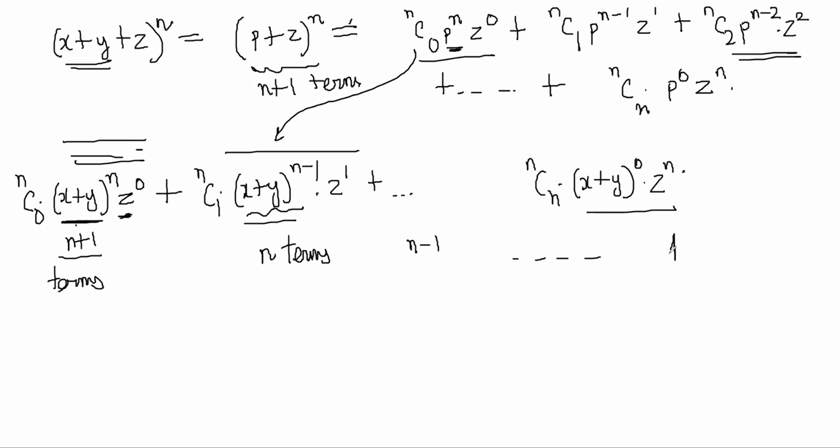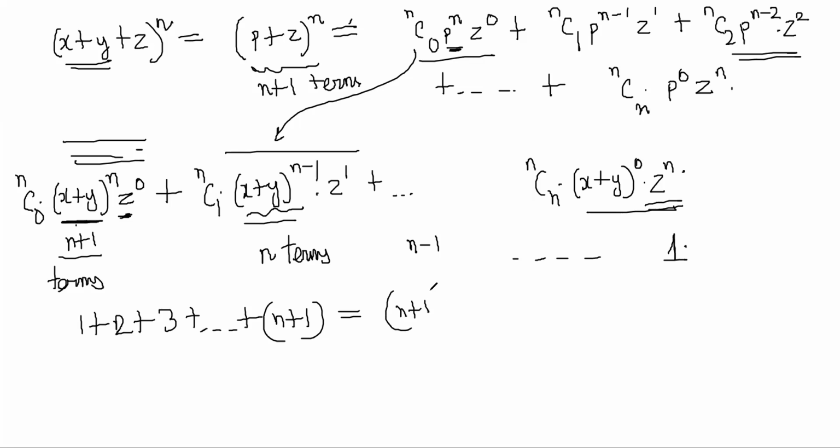And in this last one, there is only one term, because there's z power n and this is 1, right? So this is going to be the sum of 1 plus 2 plus 3 till n plus 1. That is simply equal to (n plus 1)(n plus 2) by 2, right? And that can be written as (n plus 2)C2.